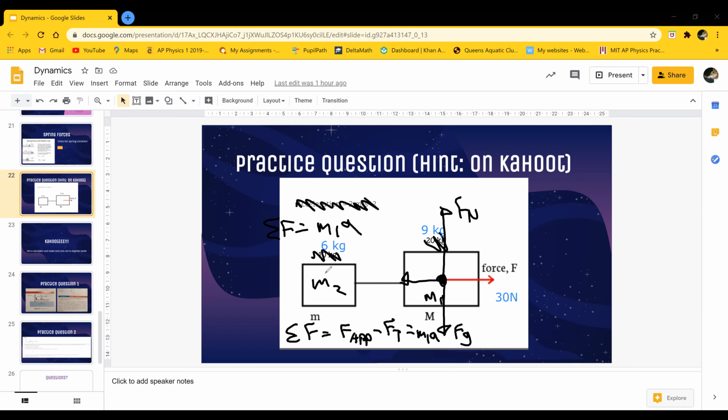Now for the second free body diagram, we know there's the Fg, that's half of the first one, and the Fn, same in magnitude but opposite in direction, and we have a force of tension. And we know that the force of tension on the small block is equal to the force of tension on the right block, because it's the same string, and if the forces were different, the string would basically break. Sorry, I keep on saying spring.